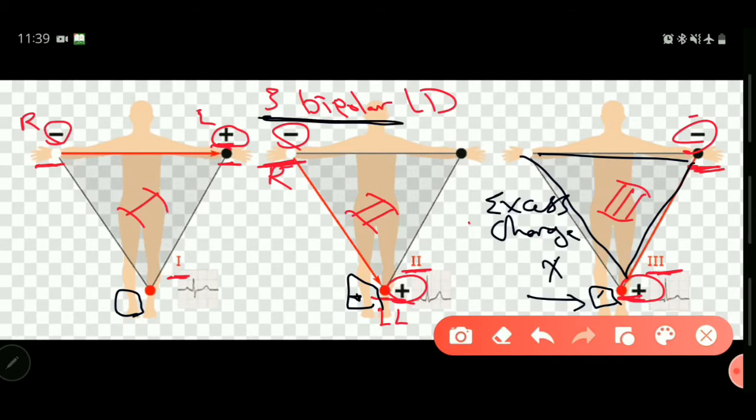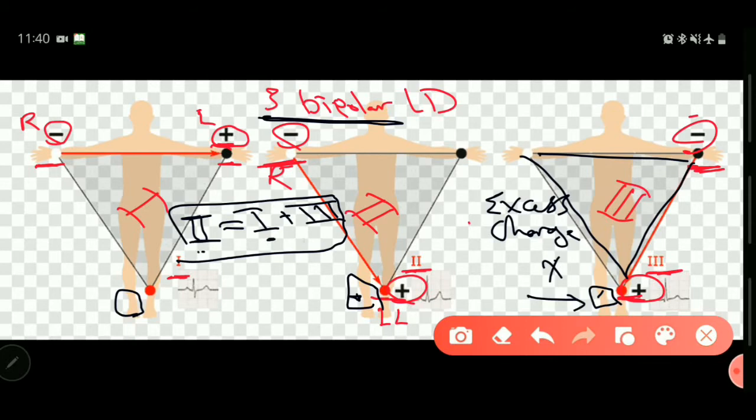He said that lead number 2 equals lead number 1 plus lead number 3. Okay, that is important. That is Einthoven's triangle.